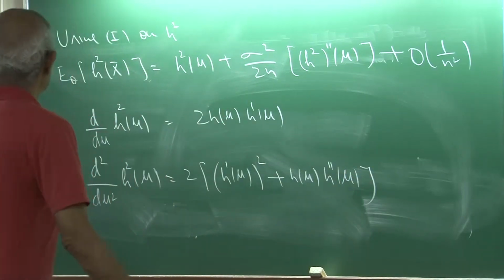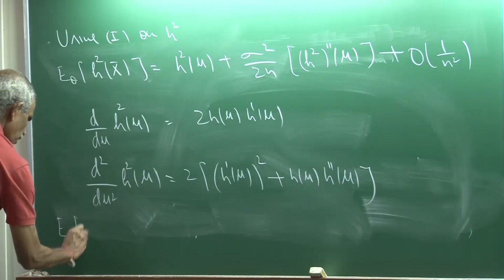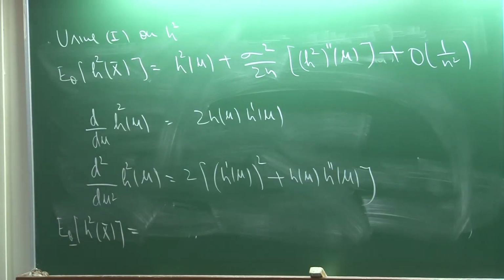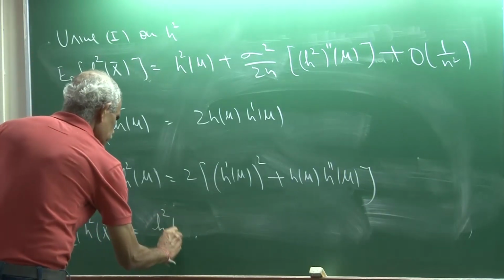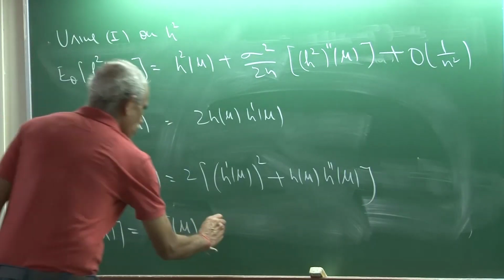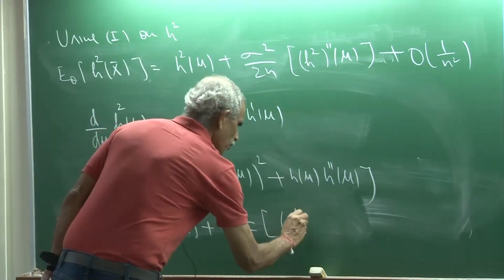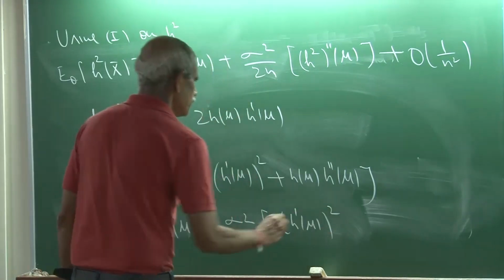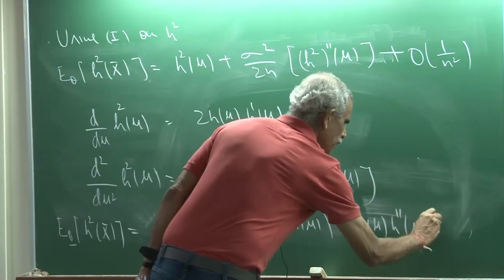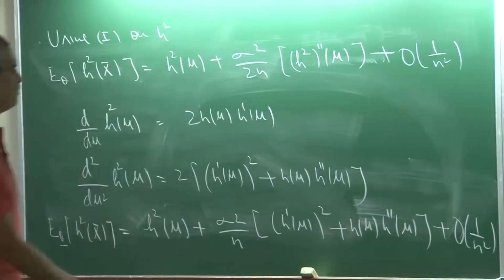All right. So what I do is I get the expected value of h square of x bar is h square of mu plus sigma square by 2n, and 2 is over here, so it remains only sigma square by n, h prime of mu square plus h mu, h double prime mu, plus big O 1 upon n square.